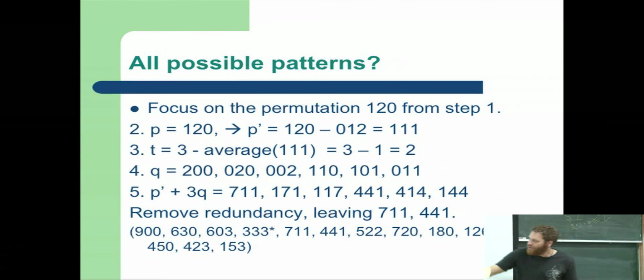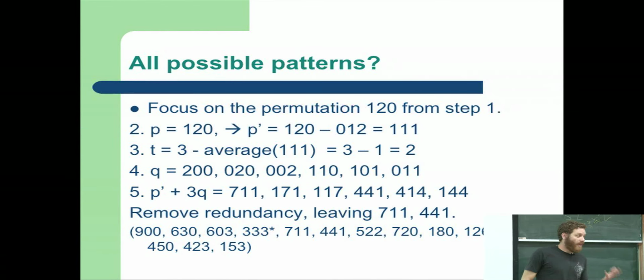That is to ensure that we have the right average, because remember the rule is that the average of the numbers must be a whole number, and it must be the number of balls that we're juggling. So in this case we end up with these. Now if we remove the cyclically redundant terms, we just end up with 7, 1, 1 and 4, 4, 1.